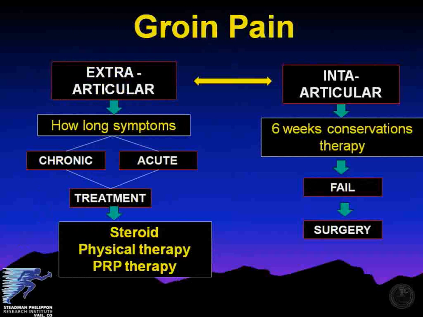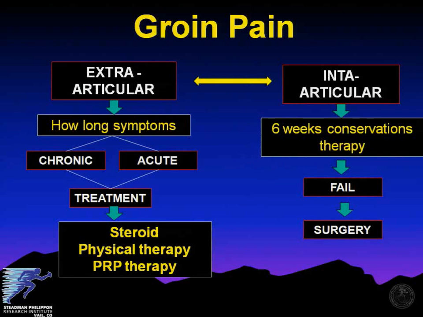So our approach is, when we have a patient presenting with groin pain, we try to divide them into extra-articular and intra-articular groups. For the extra-articular group, we always want to know if it's a chronic problem or an acute problem, because it makes a difference in the type of intervention that we're going to do.